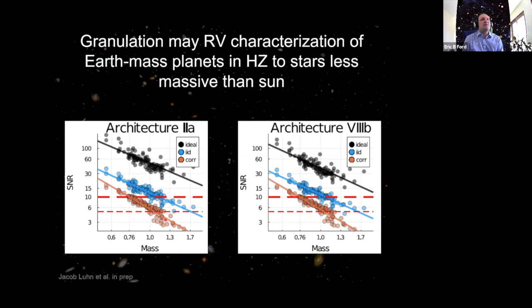And so it may be that our best targets for finding habitable zone planets don't go much more massive than the sun, but are really the K stars up to G stars. The direct imaging people aren't thrilled about that. They like some F stars, but that may be a reality we may have to deal with.